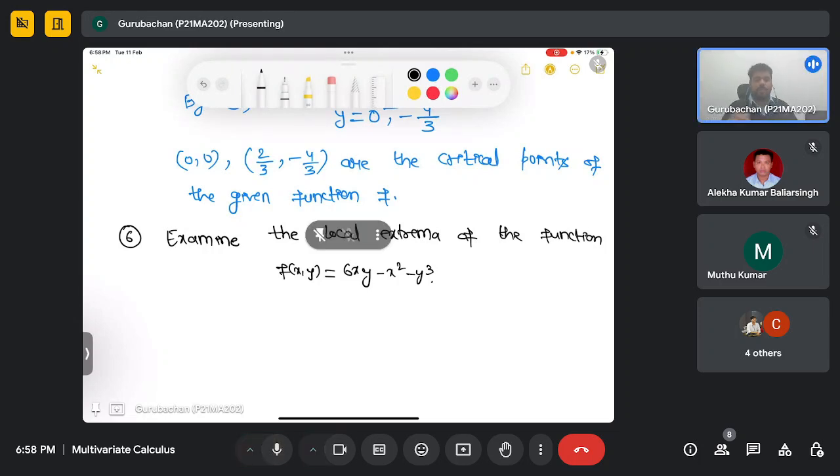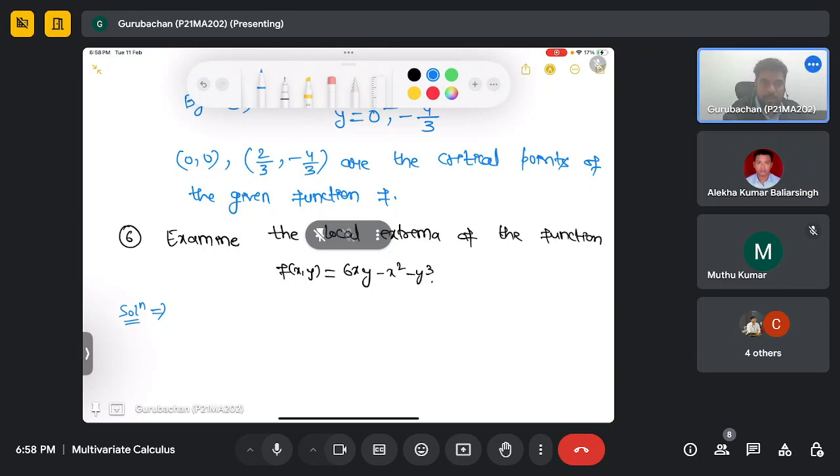Any probable answer? You are not saying something, I guess. Please tell me. What are the critical points? Critical points are (0, 0) and (18, 6).